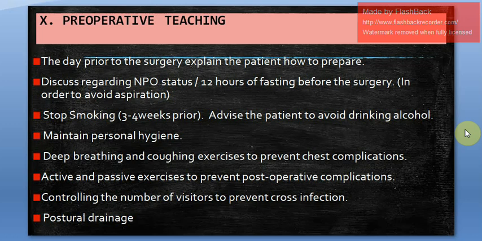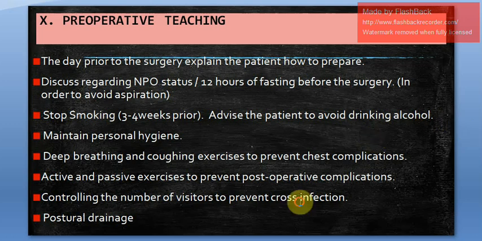Under postural drainage we have methods like percussion and vibration, which are used to perform it. We will see that in detail later. Next comes chest physiotherapy, which is usually given by the physiotherapist, and nurses can assist the patient. That also we will see in detail in the post-operative period.